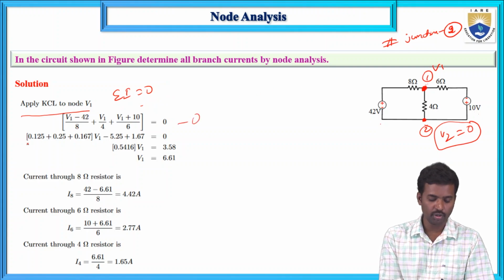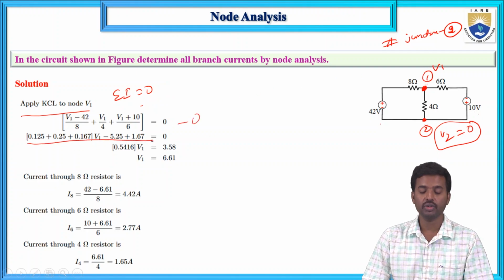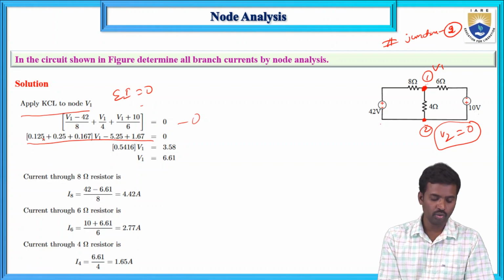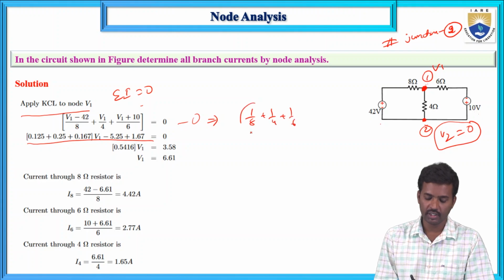Now simplify: V1 by 8 plus 1 by 4 plus 1 by 6 into V1, plus 10 by 6, minus 42 by 8, is equal to 0.